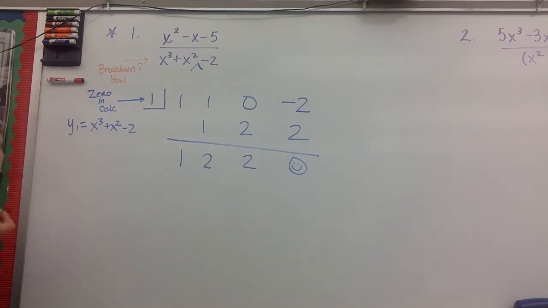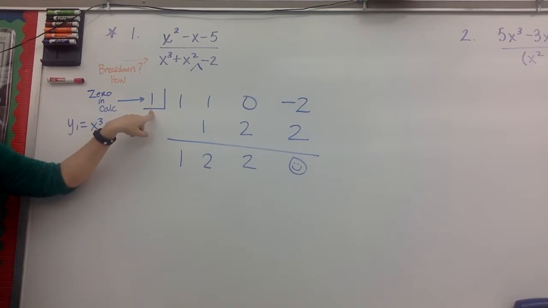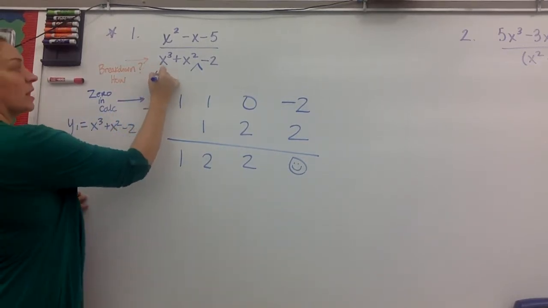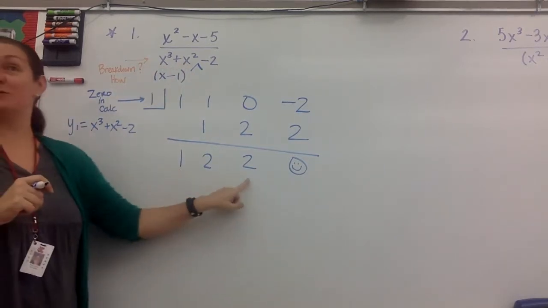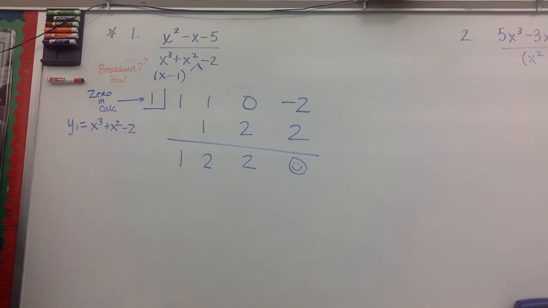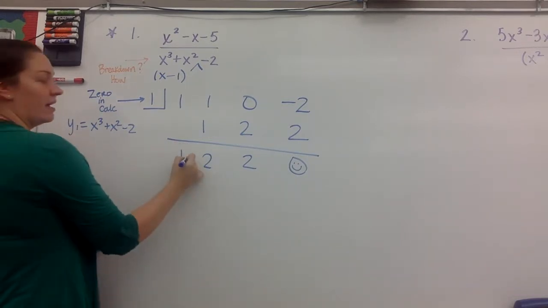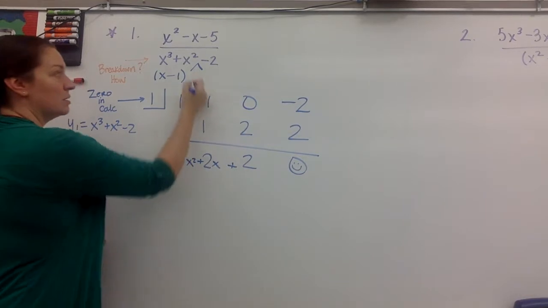All right, fantastic. So now, if I have a 0 of 1, what was its factor form? X minus 1. So I'm going to put that here, x minus 1. What is this 1, 2, 2 stuff? X squared plus 2x plus 2.